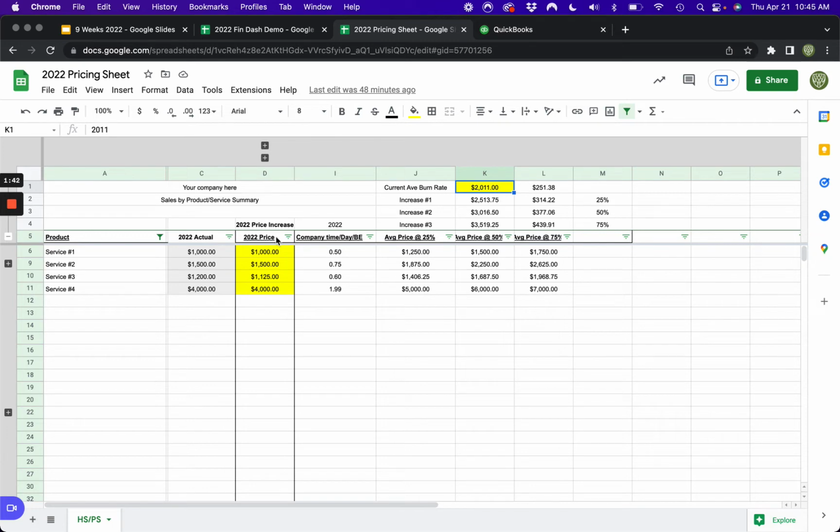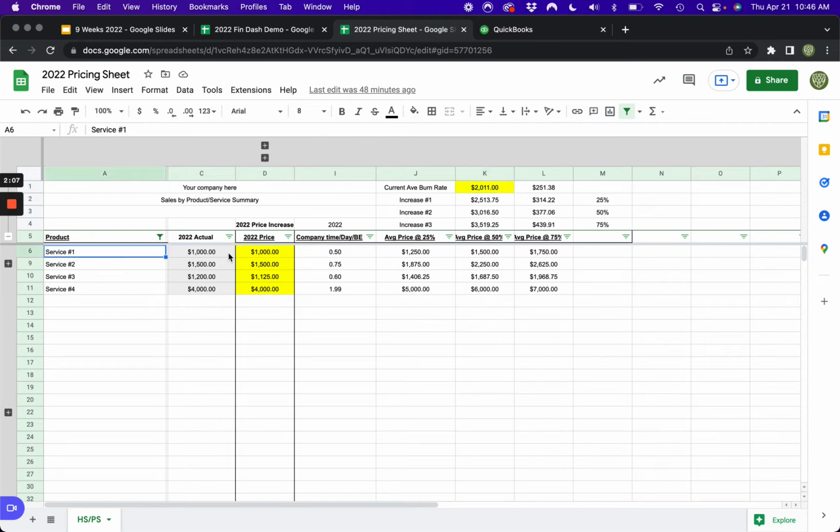So here you'll see a real small list of just some anonymized data. We have 4 services, service number 1, 2, 3, and 4. This could be anything from tire repair to website design to skin care, aesthetics, whatever it is that you do for your business. This example will work for all of you.